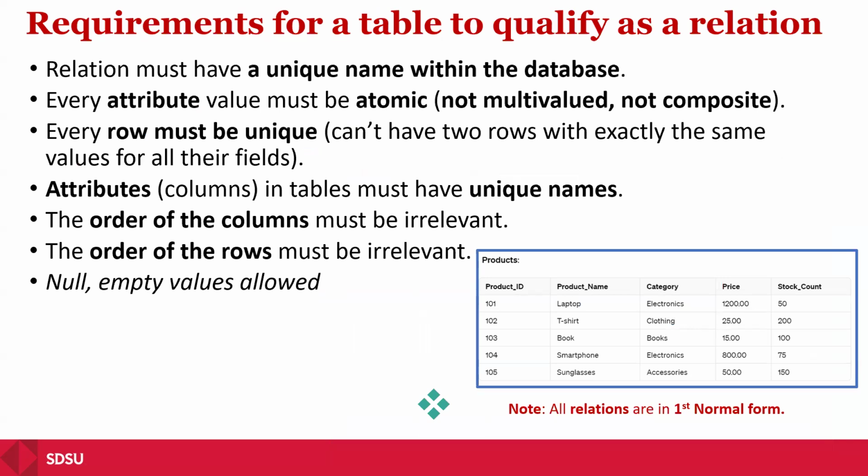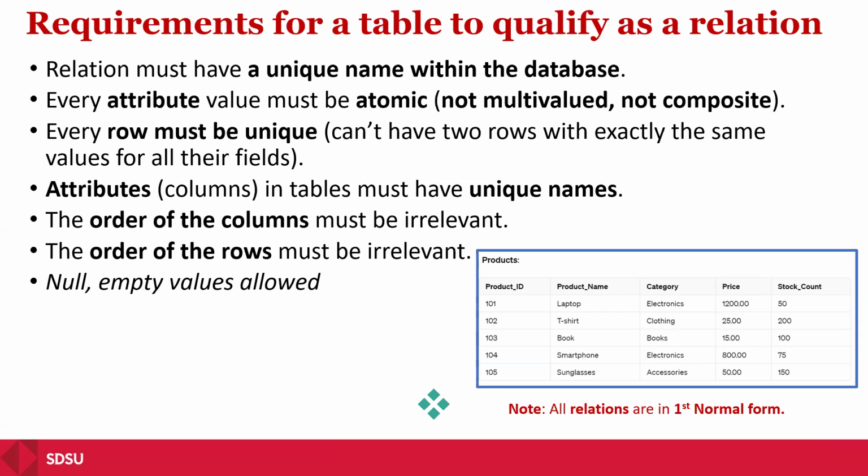So here we have requirements for a table to qualify as a relation. First of all, it must have a unique name in the database. Remember, when we talked about relations, we said it's a named table with attributes and instances. Every attribute must be atomic.